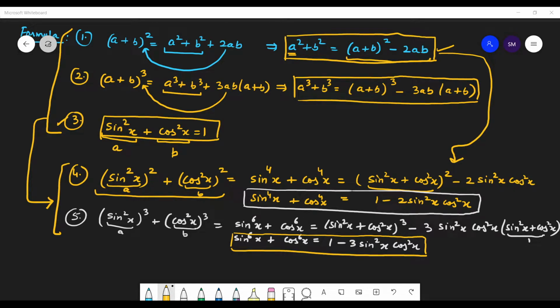So tan 0 means sin 0 upon cos 0. Sin 0 is 0, cos 0 is 1. So that's equals to 0.